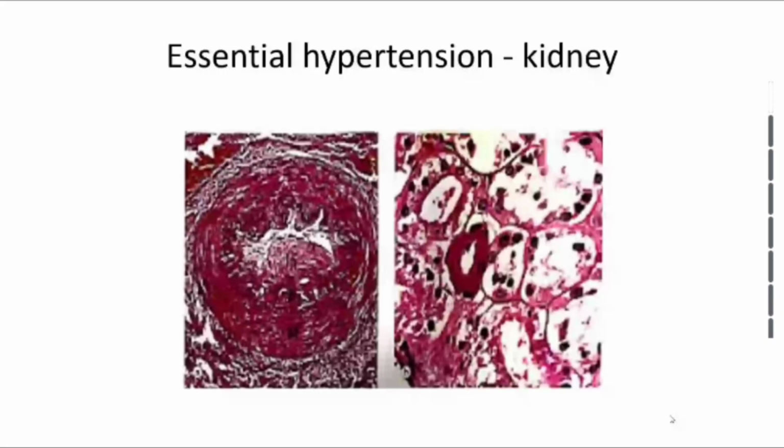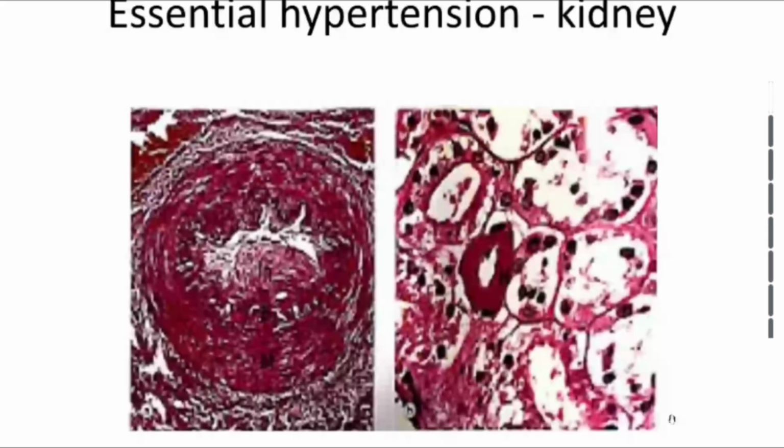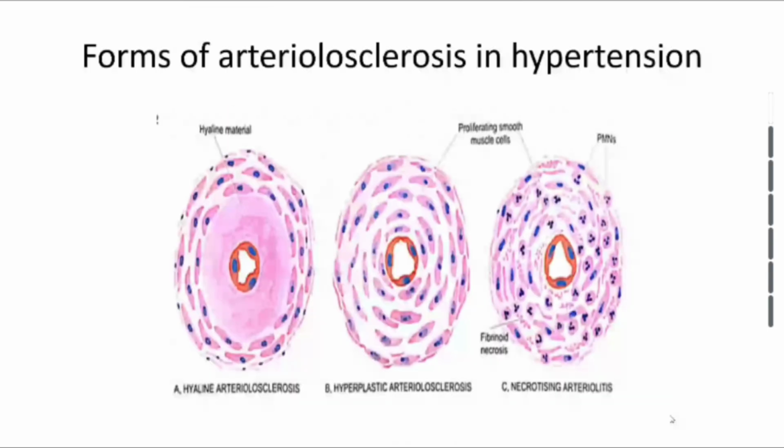And you can see the vessel when you look at the one on the left. Of course, this is cut transversely. It's a transverse cut through that vessel. And then you can see the tunica intima, maybe not very visible. And you can see the lumen is markedly narrowed. You can see the tunica intima, IN, there, and then you can see the tunica media.